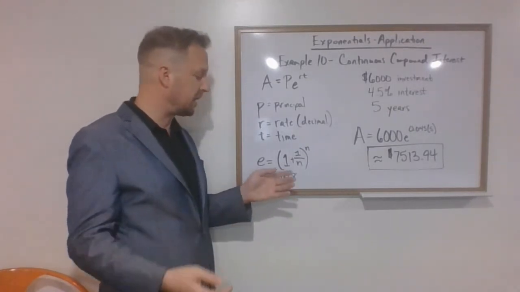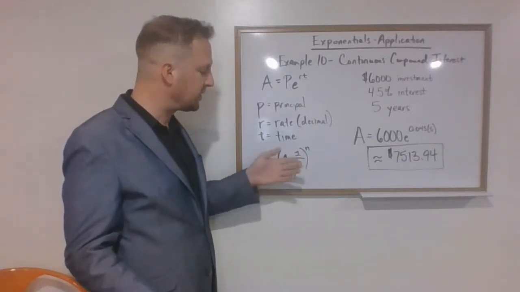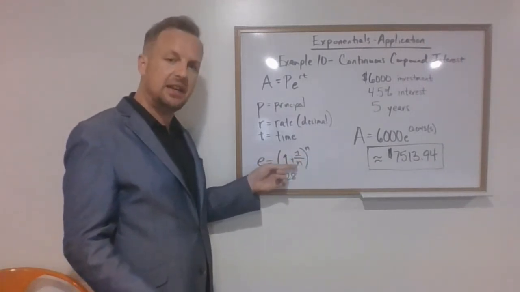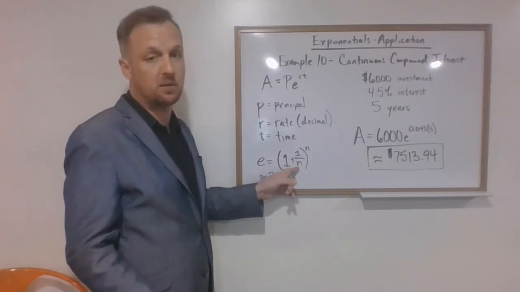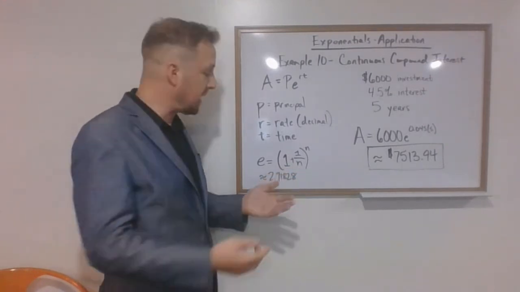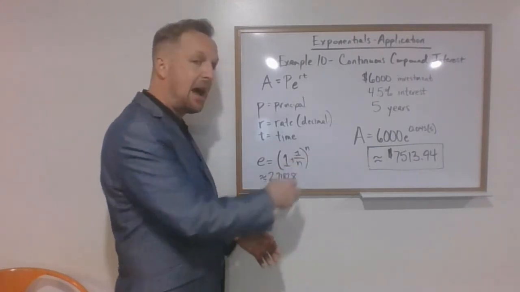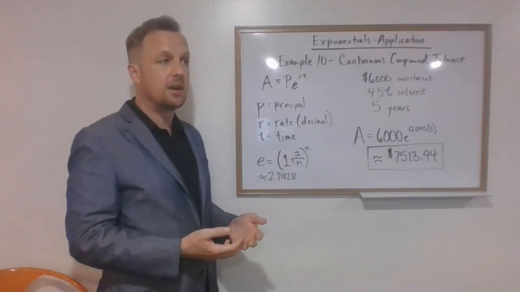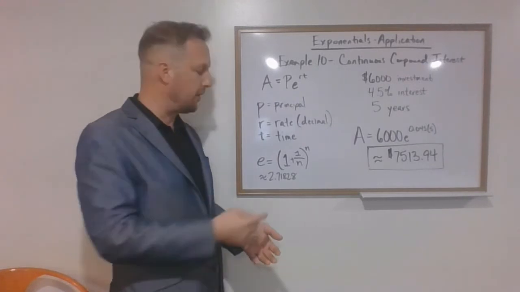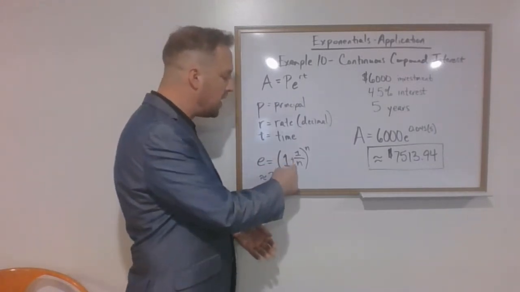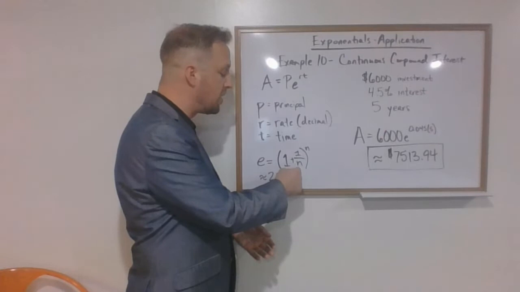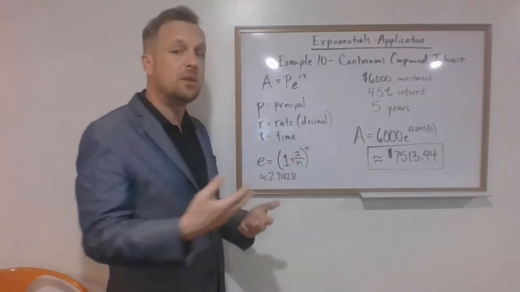What happens to this number as we pick bigger and bigger values for n? Like, for example, 1 plus 1/2 to the second power, or 1.5 squared, that must be a lot smaller than 1 plus 1 over 1 million to the 1 millionth power.